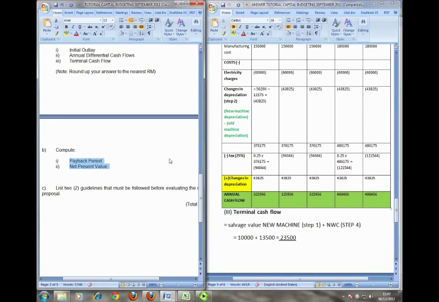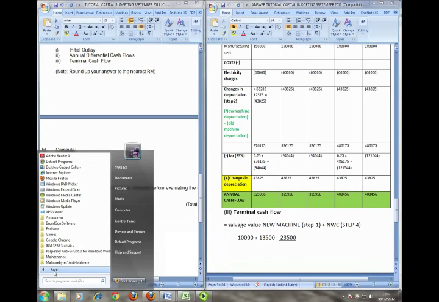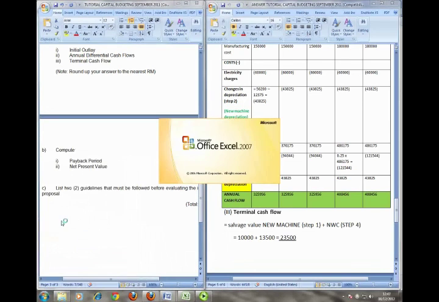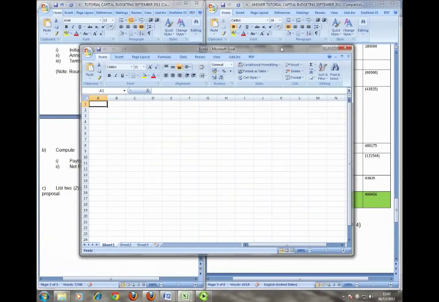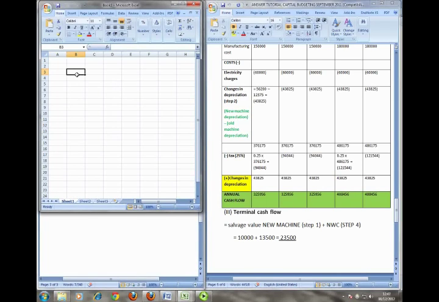Before you calculate the payback period and net present value, try to construct tables. As you can see on your left side, in the first column you put year, and the second is your cash flow, starting with year 0 until year 5.